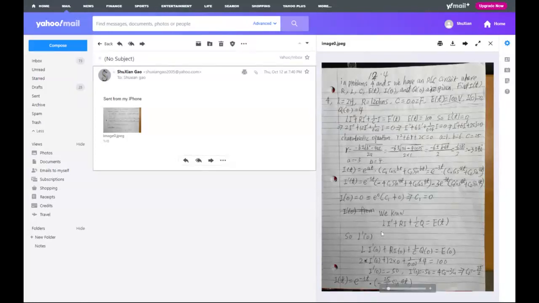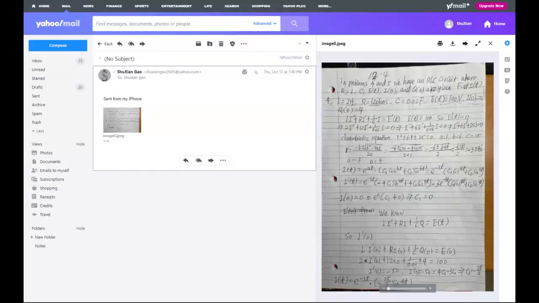We know E initial is 100, and I plug in L, R and 1 over C. I get I prime initial is negative 50.